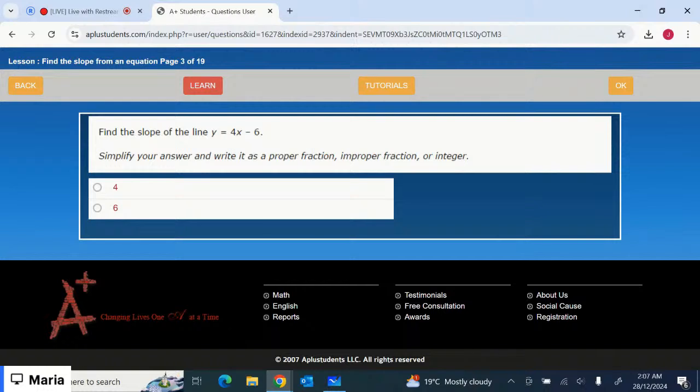Find the slope of the line y equals 4x minus 6. So which is the slope of the line? The slope of the line is 4. Option number 1 is the correct option.